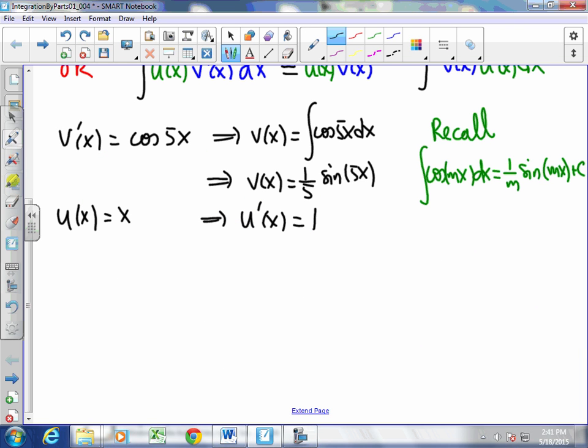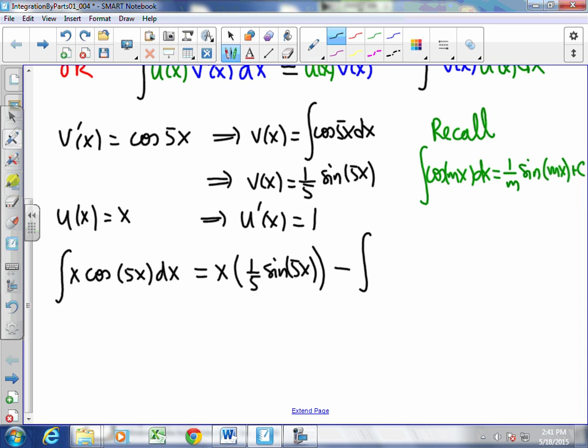Now, the given integral was the integral of x cosine of 5x dx. Using the formula, it says that it's u of x, that means x, times v of x, that means 1 over 5 sine of 5x, minus the integral of v of x, 1 over 5 sine of 5x, times the derivative of u, that means 1, times dx.